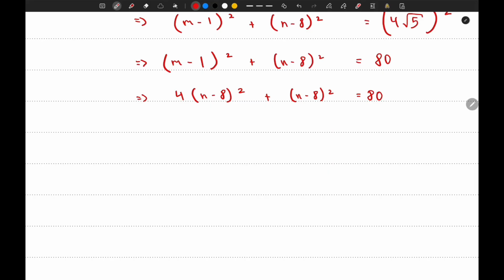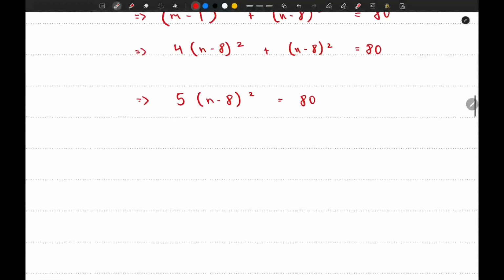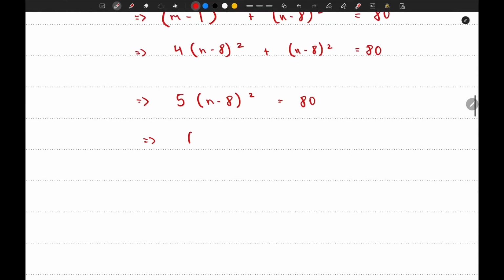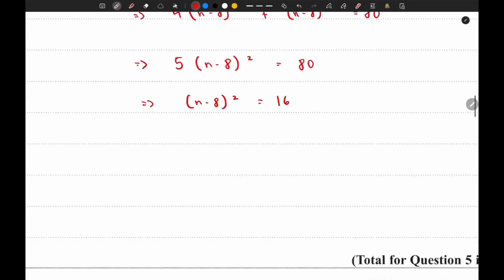Now as you can see that there are 5 values of n minus 8 whole square, which means I can write this as 5 times n minus 8 whole squared equals 80. Now n minus 8 whole square is equal to 80 divided by 5, which is 16.